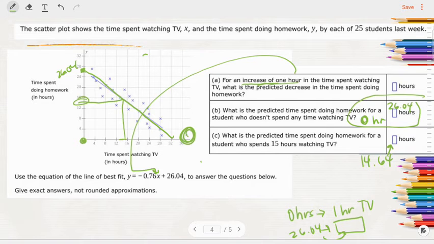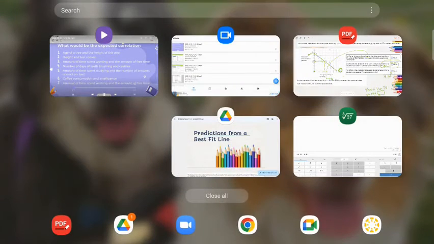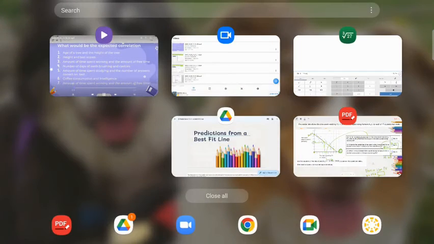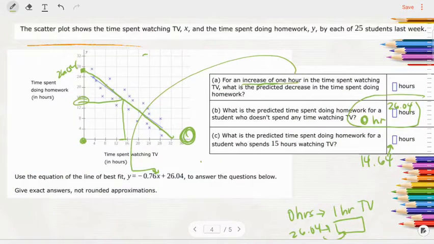So if I do plug in a 1, let's go to our calculator. Here's what I'd get. Negative 0.76 times 1 plus 26.04, and I get 25.28. Now remember that, 25.28. Now, do not go ahead and put that up here.